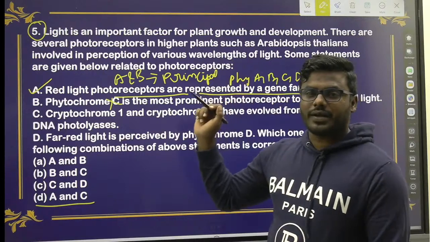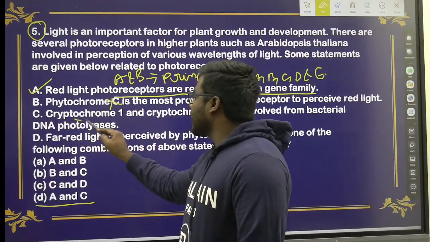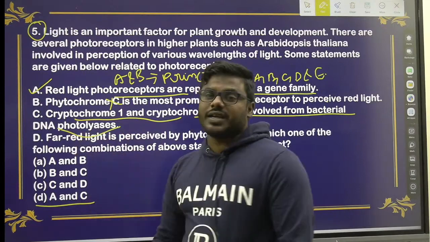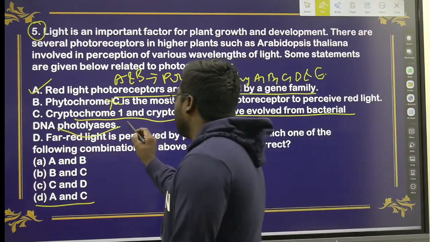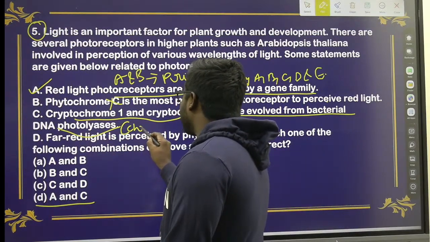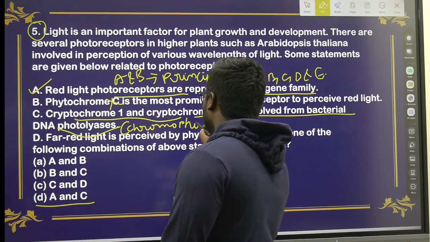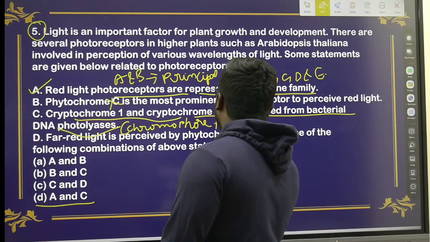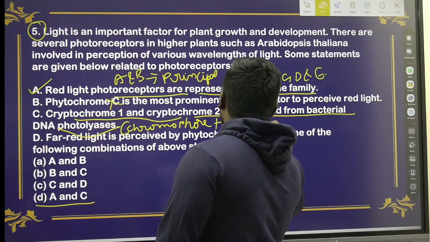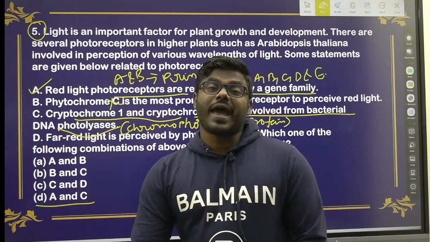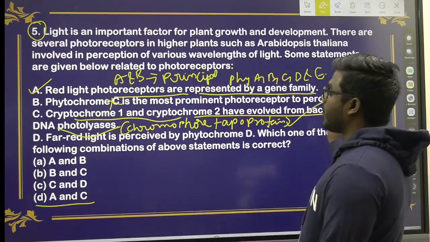Option C, cryptochrome 1 and cryptochrome 2 have evolved from bacterial DNA photolyase. I told you very clearly. Here DNA photolyase acts as what? Chromophore and apoprotein. Here photolyase is the one actually acting as an apoprotein. Right?